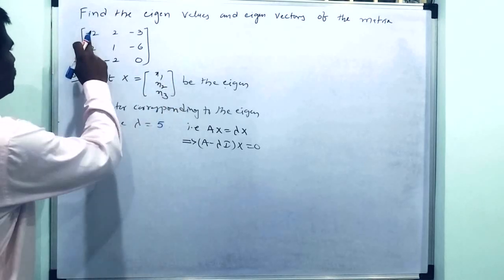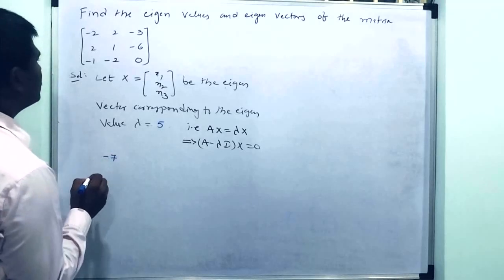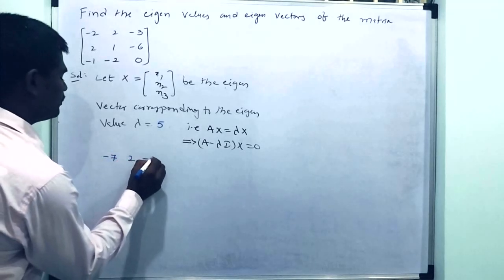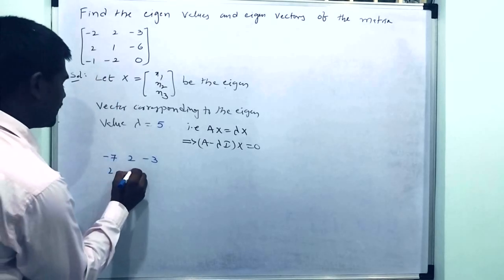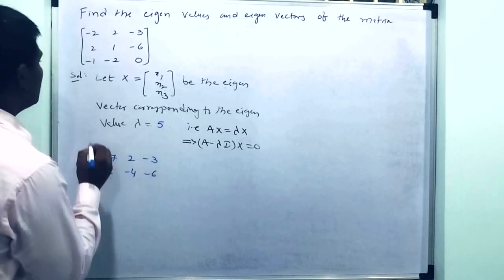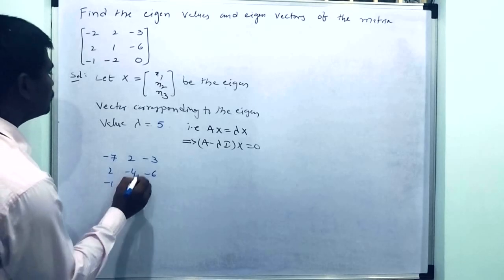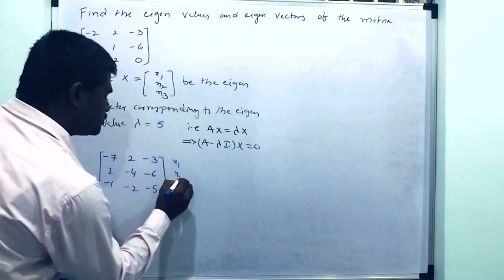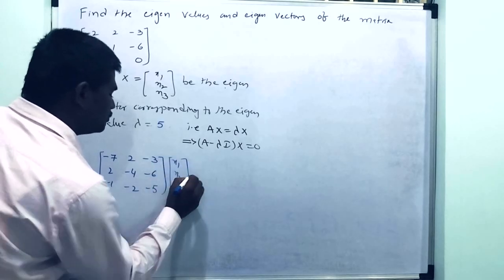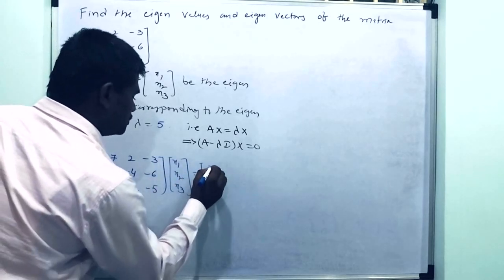That means minus 2 minus 5, minus 7, 2, minus 3. And 2, 1 minus 5, minus 4, minus 6. And minus 1, minus 2, 0, minus 5, minus 5. Into x1, x2, x3 equal to 0, 0, 0.